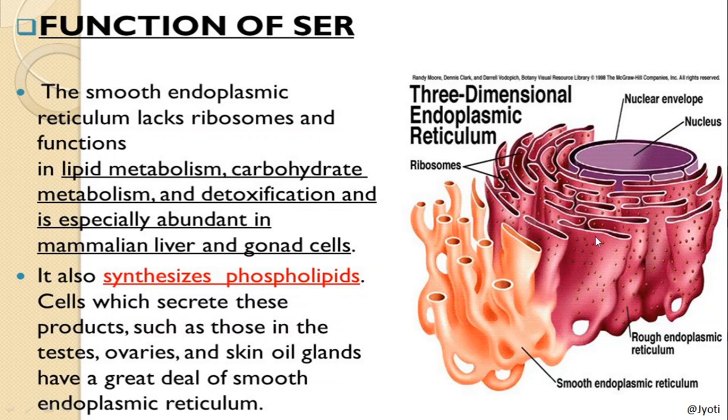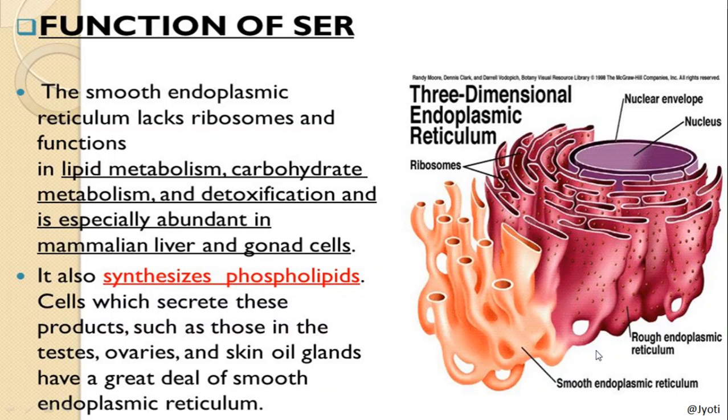So here in this picture you can see that these pink, violet purple color structures are the rough endoplasmic reticulum, which are present towards the nucleus, and they are attached to the nuclear membrane. But the smooth endoplasmic reticulum is present towards the cell membrane, and since it is present towards the cell membrane, it easily removes the toxic substances from the cell through the cell membrane.